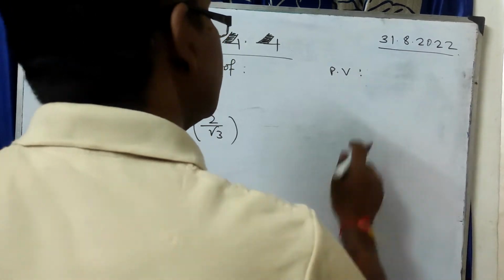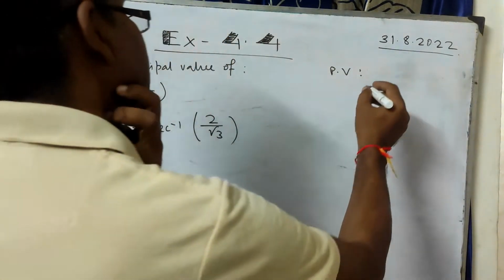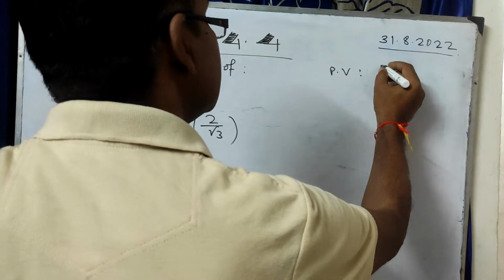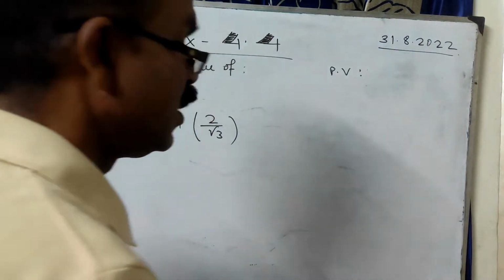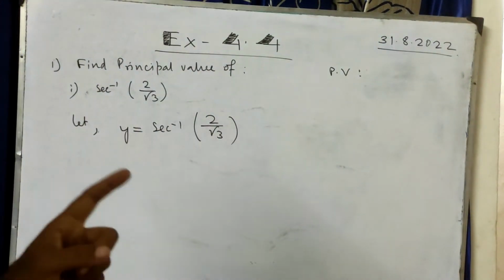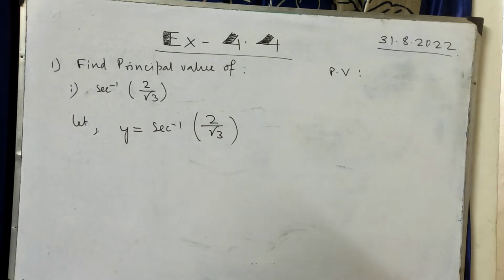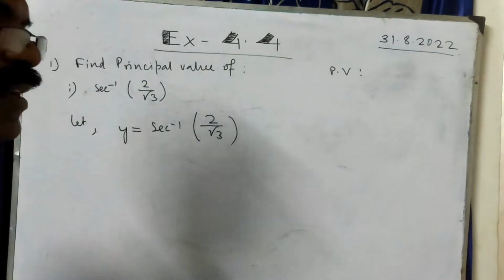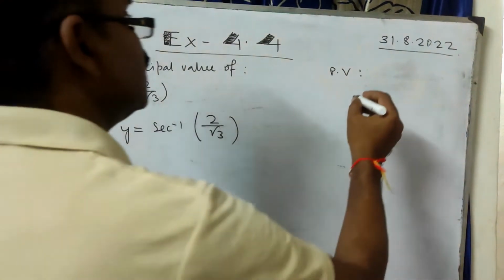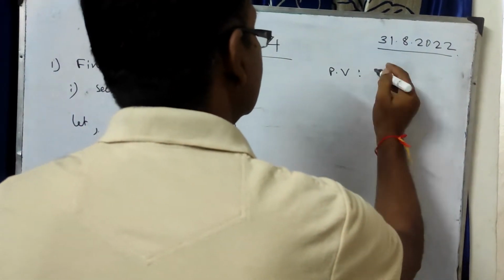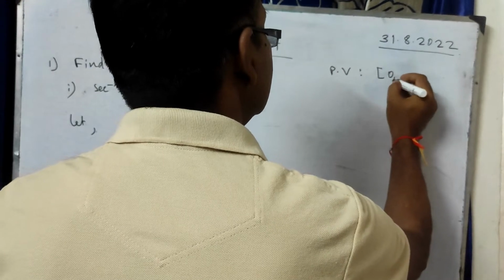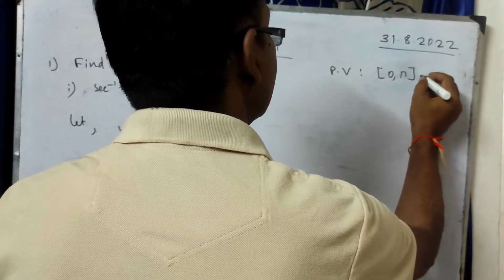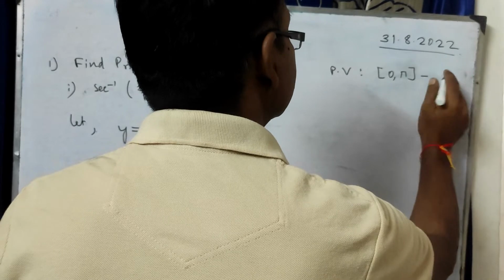Principal value for secant inverse is what? Principal value of inverse means it will be an angle. It is 0 to pi, yes. 0 to pi, but it will exclude pi by 2, isn't it?